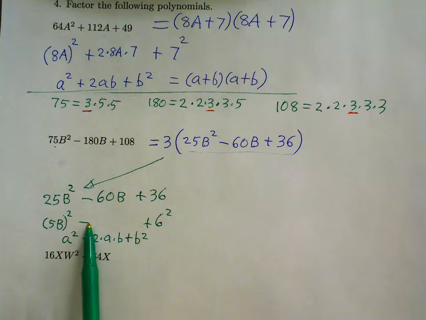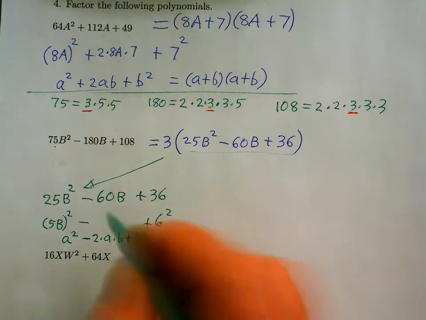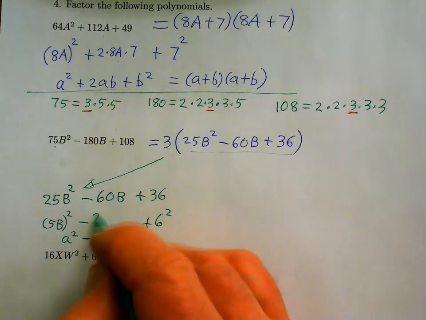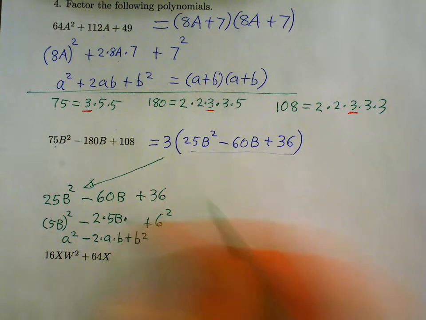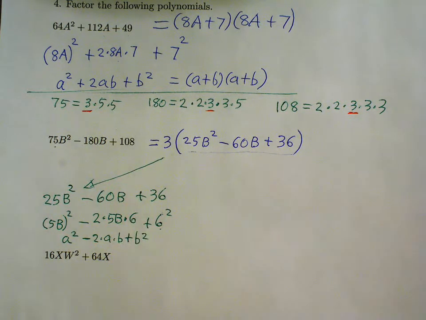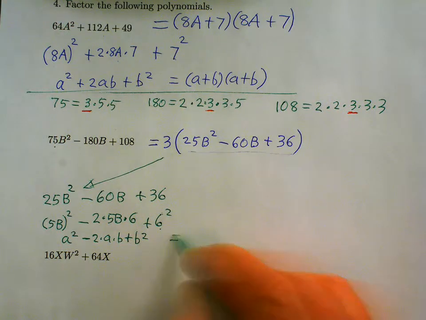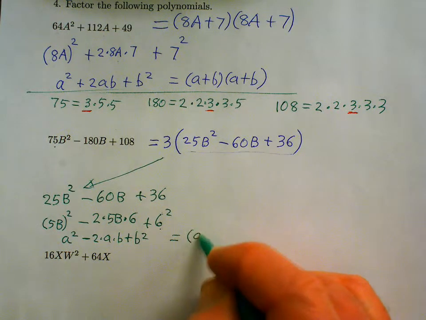So this middle term, if it's a perfect square trinomial, has to have the form minus 2 times 5b times 6. And sure enough, 2 times 5b is 10b, 10b times 6 is 60b, so it has the right form. So that means it is a perfect square trinomial.